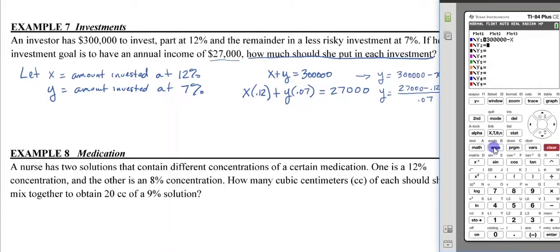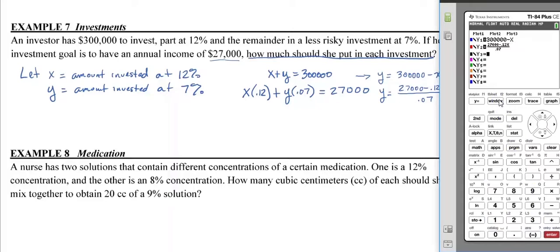Let's make sure that we're putting this in, either put the entire numerator in parentheses, or another thing that you can do, if you have the right operating system, is hit alpha y equals, and that will give you this hidden menu of fractions. It gives you a template. So you put 27,000 minus 0.12 x, and that's all being divided by 0.07.